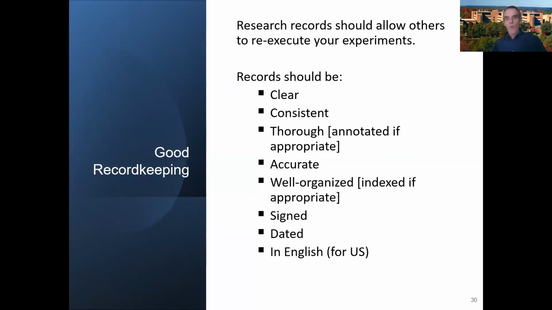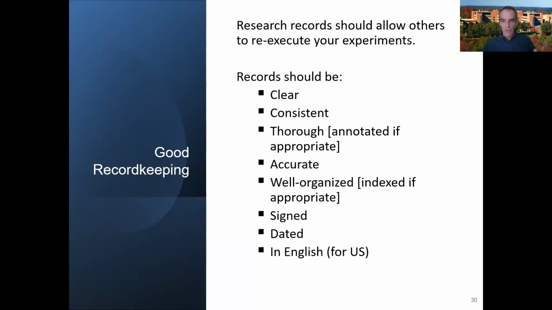So research records should allow others to re-execute your experiments. They should be clear, consistent, thorough, and annotated if appropriate, like, if something odd happened with the data collection or there was some problem, you would make a note. Accurate, well-organized, and indexed if appropriate.